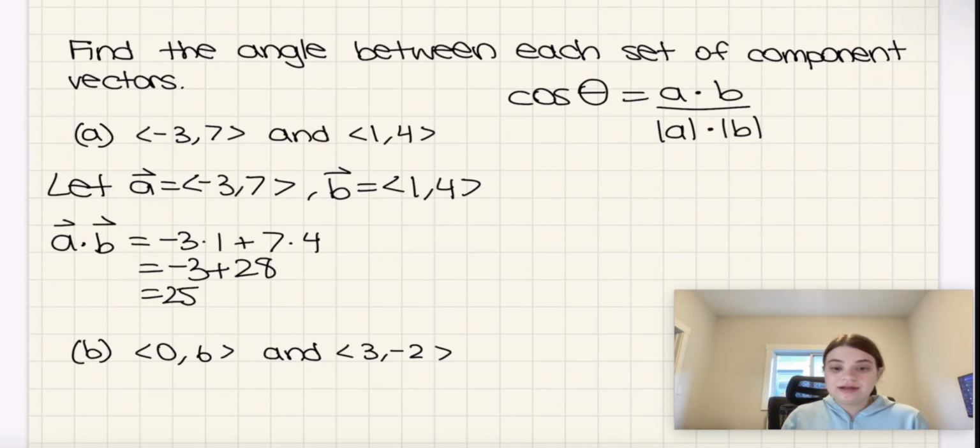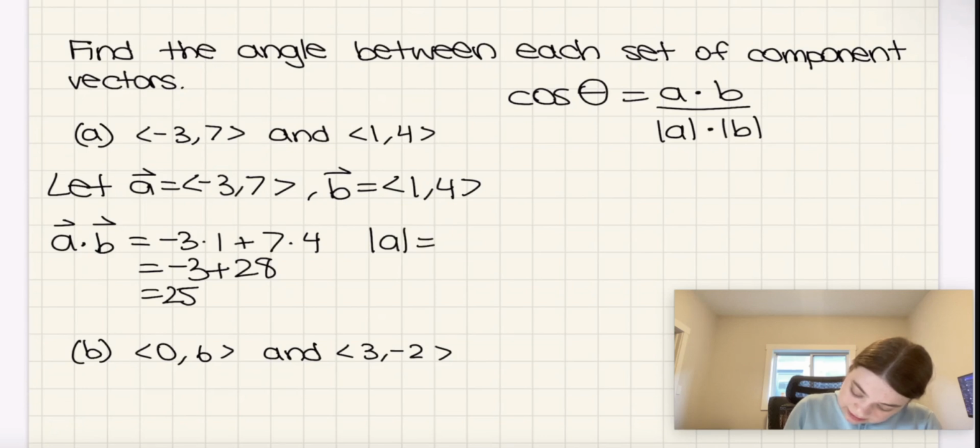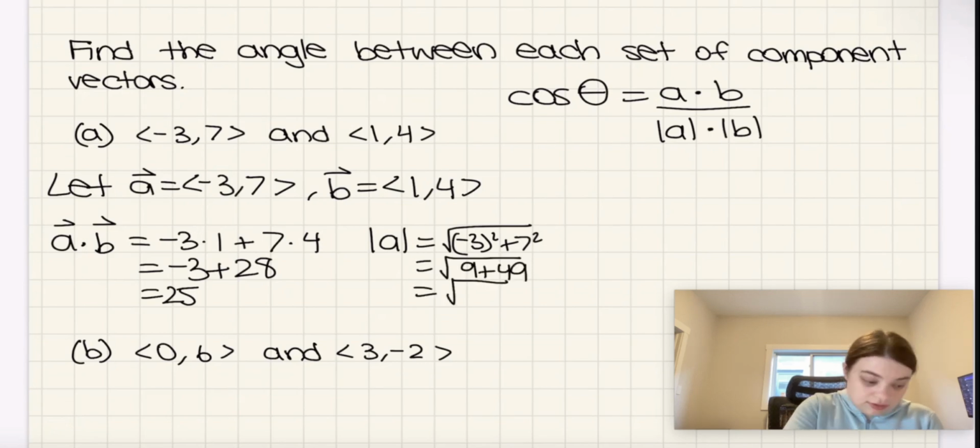Now we need to find the magnitude of A and the magnitude of B individually. So the magnitude of A is going to be equal to the square root of -3 squared plus 7 squared, which is equal to the square root of 9 plus 49, which is equal to the square root of 58.